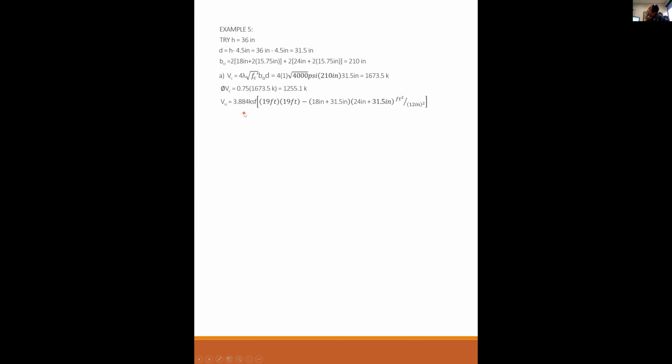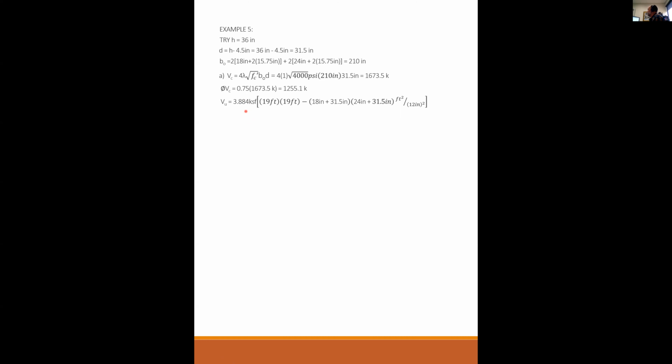Going to a thicker footing changes my bearing pressure. Yeah, I was going to ask, like, if you change the thickness, isn't B also going to change? Actually, no. B might change. I have a 19-foot wide footing. B might change if 19 doesn't work.